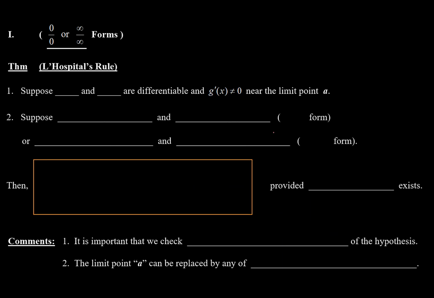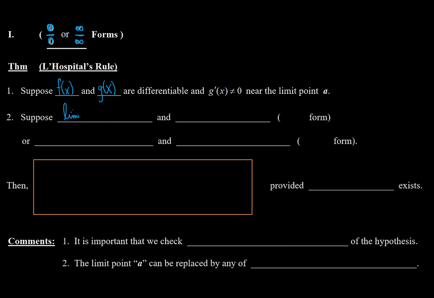L'Hôpital's rule, for just a very basic L'Hôpital's rule, just remember you need to have 0 over 0 or infinity over infinity. And for L'Hôpital's rule, let's suppose you have two functions, f of x and g of x, that are differentiable, and g prime of x is not equal to 0 near the limit point a.